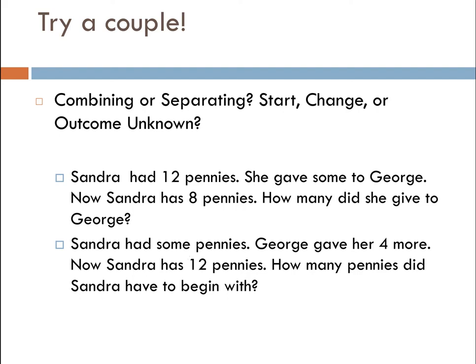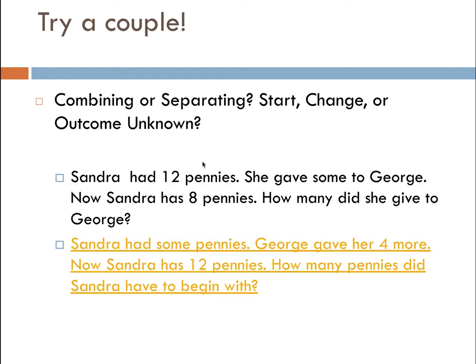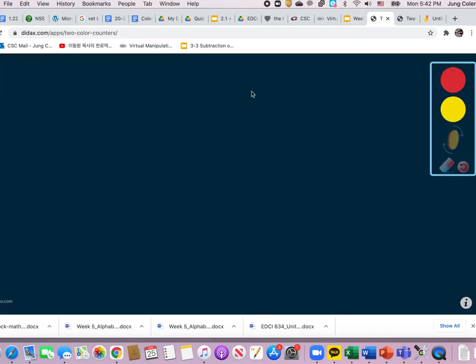Okay. To solve these problems, you can use a lot of different models, like counters, right? So think about the first problem. Sandra had 12 pennies. She gave some to George. So let's suppose this is Sandra's pennies. You can represent with concrete models like this for your students. 3, 4, 5.